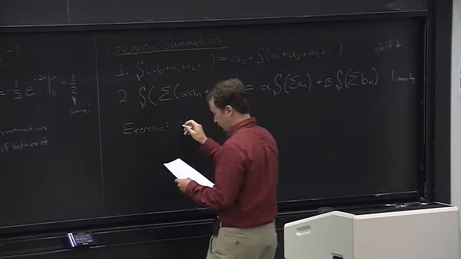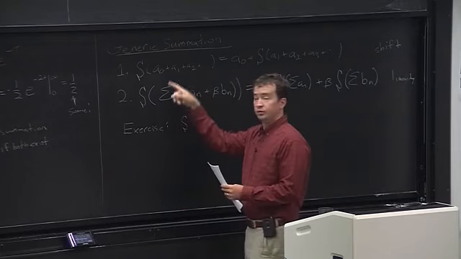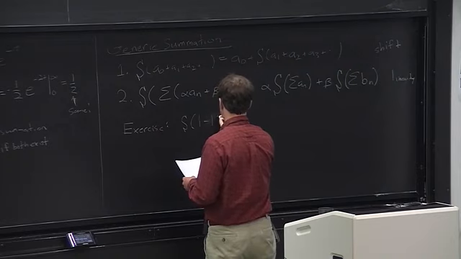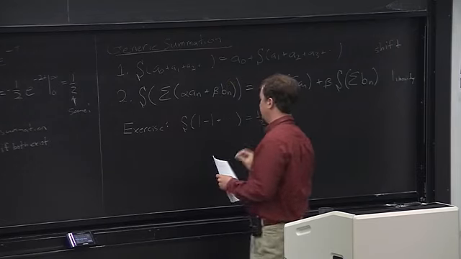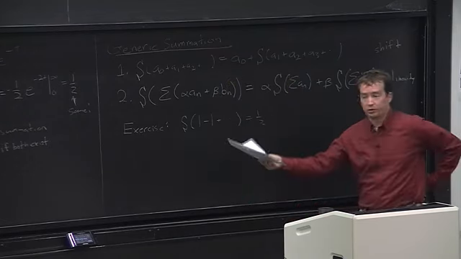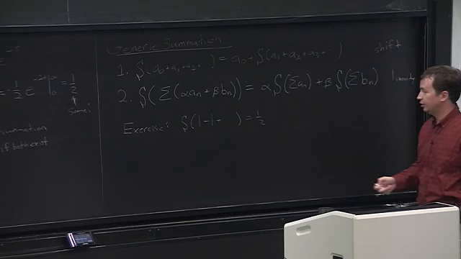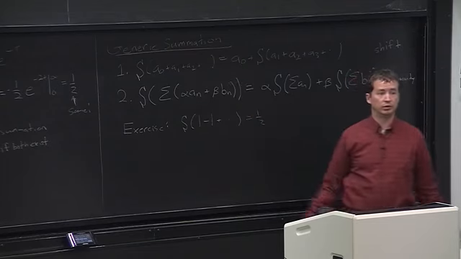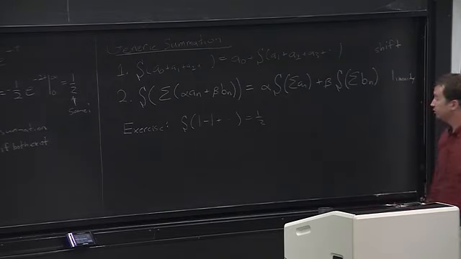Show that, using only these two properties, the sum of Grandi's series, so that's what, by now, we expect that we should get a half. And in fact, we can derive that using just these two properties. So I'll give you, for the last time today, a couple of minutes to work that out.